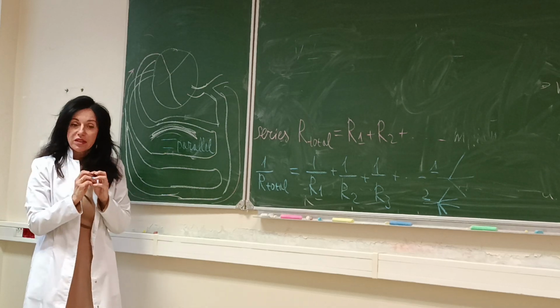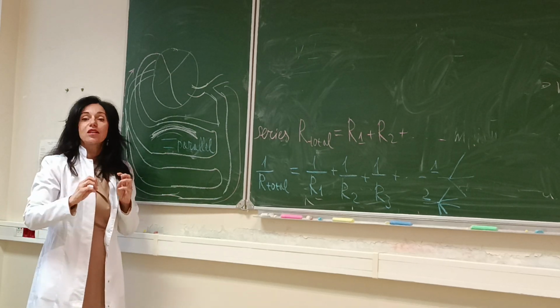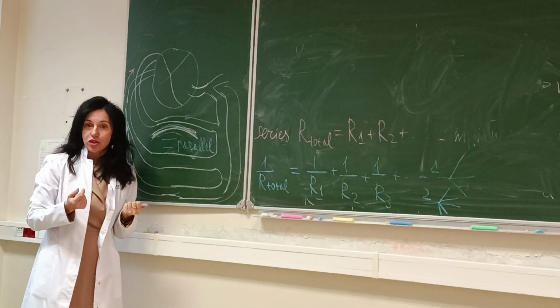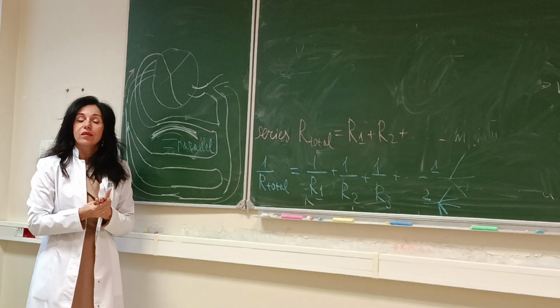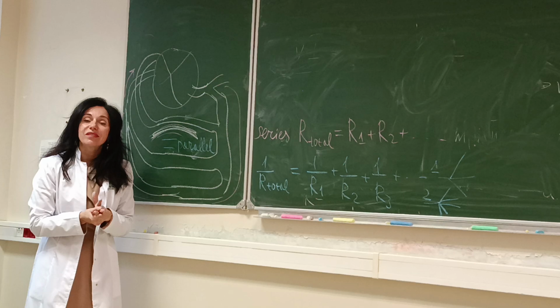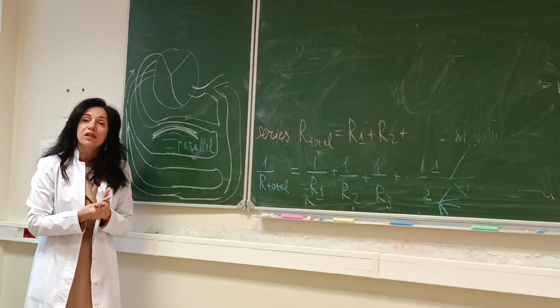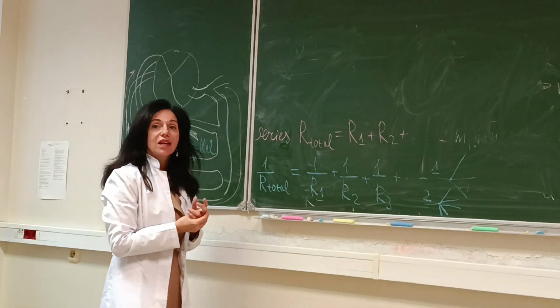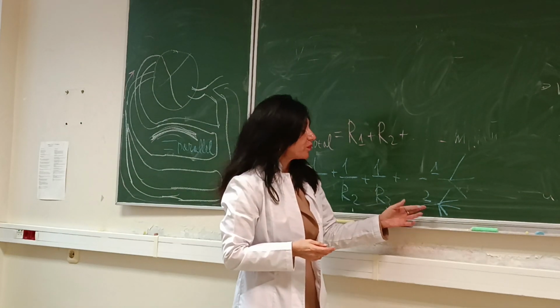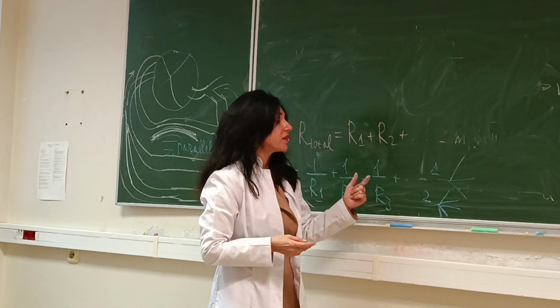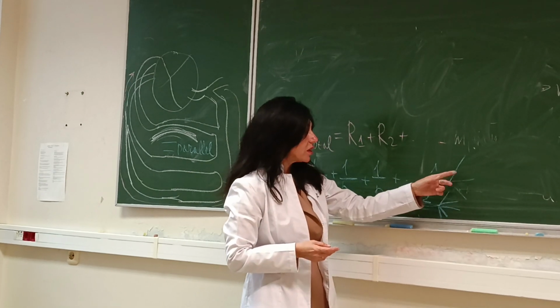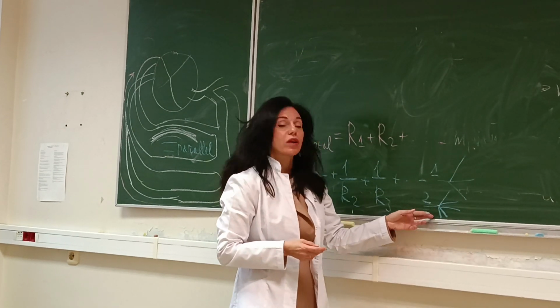Spreading of capillaries doesn't increase total vascular resistance in the body circulation. It will stay the same. Here is an example of different numbers of capillaries: few capillaries, and more capillaries.